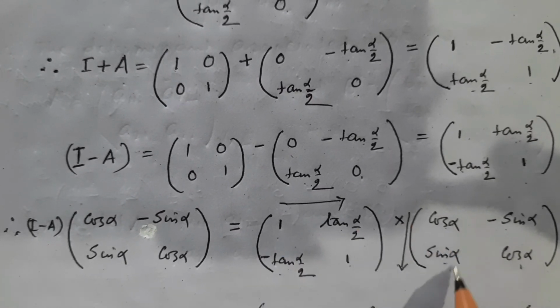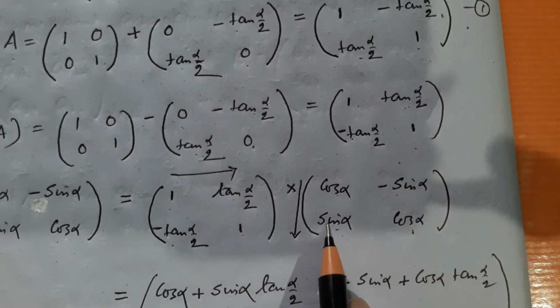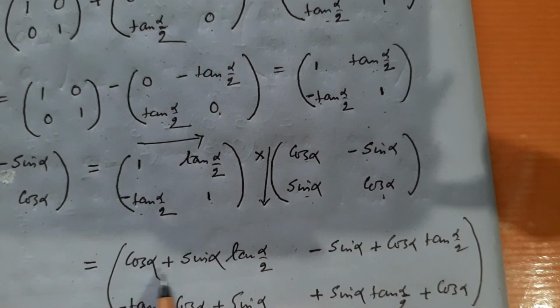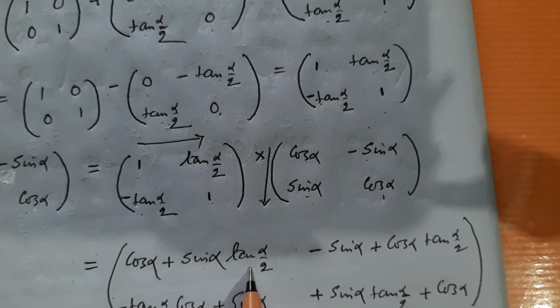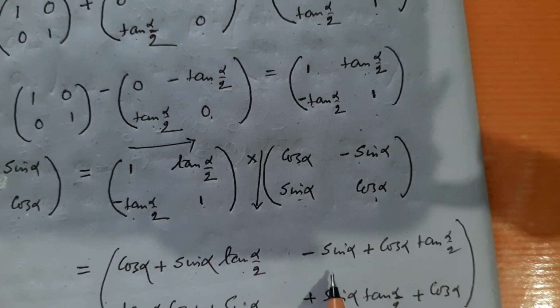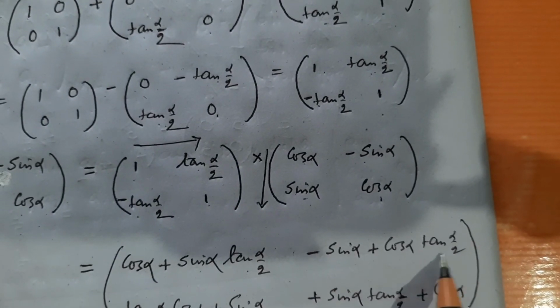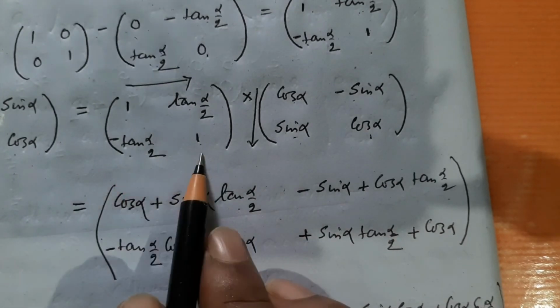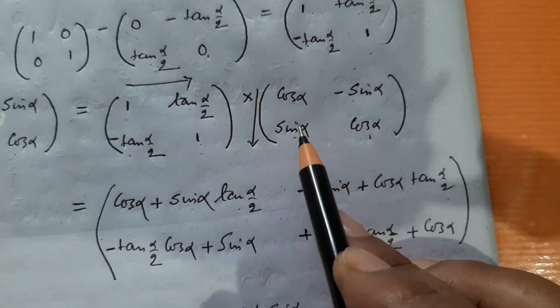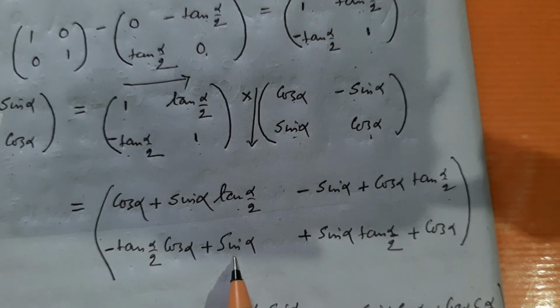We multiply these two matrices, row and column. The first row multiplied with the first column, we get cos alpha plus sin alpha into tan alpha by 2. The first row multiplied with the second column, we get minus sin alpha plus cos alpha tan alpha by 2. The second row multiplied with the first column, we get minus tan alpha by 2 cos alpha plus sin alpha.